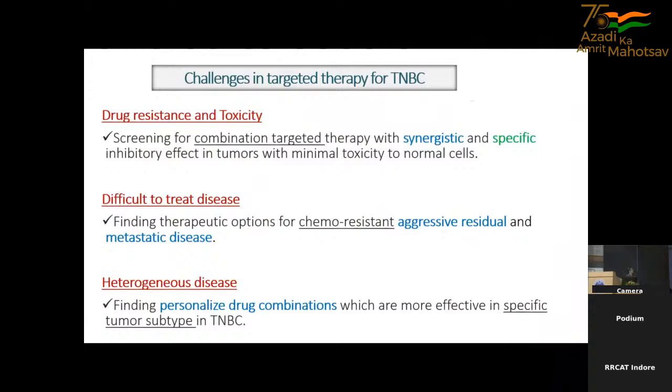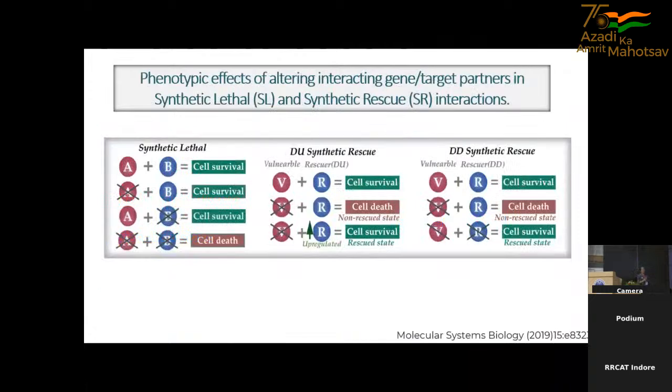For those tumors, you need a different class of targets that can be combined and can trace metastatic cells in the body. And the third thing is that the TNBC group itself is a very heterogeneous disease, and for that we need personalized therapy for subtype-specific treatments. So in order to do that, we need to understand a few concepts so that we can apply them in designing those kinds of therapies.